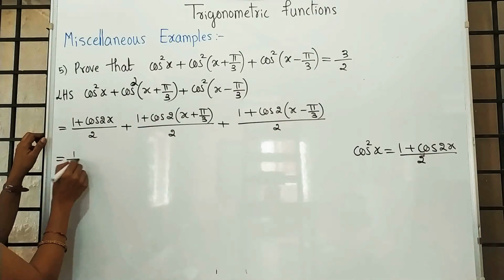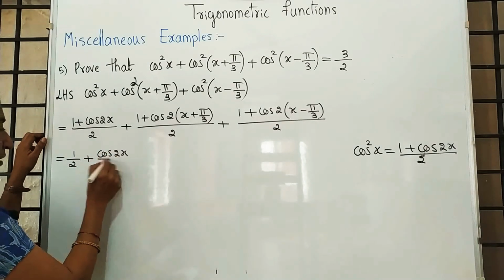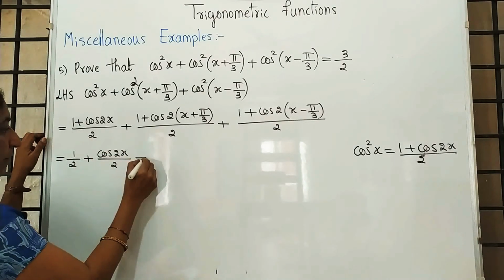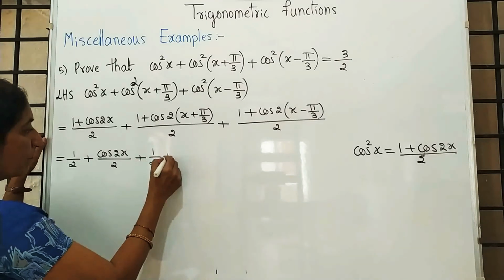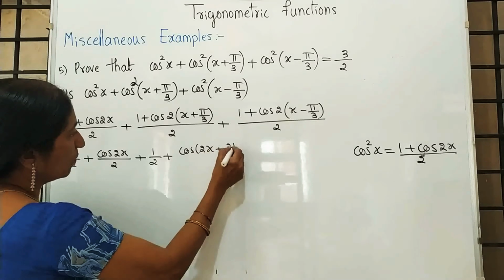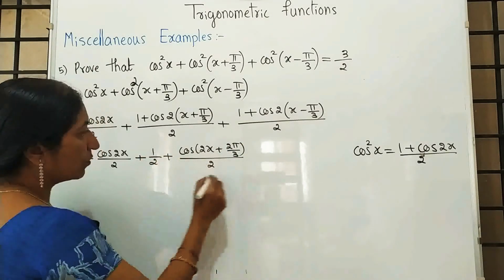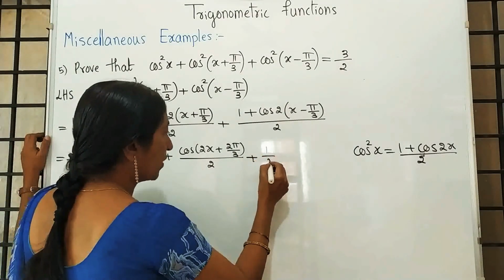This is 1 by 2 plus cos 2x divided by 2, taking 2 separately, plus 1 by 2 plus cos 2x plus 2 pi by 3 whole divided by 2, plus 1 by 2, plus cos 2x minus 2 pi by 3 whole divided by 2.